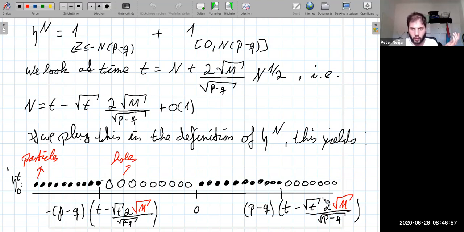And if you increase m on the right-hand side, this group of holes comes closer and closer to the origin. So more holes arrive at the origin, and this decreases the density of the rarefaction fan to the right of the shock.